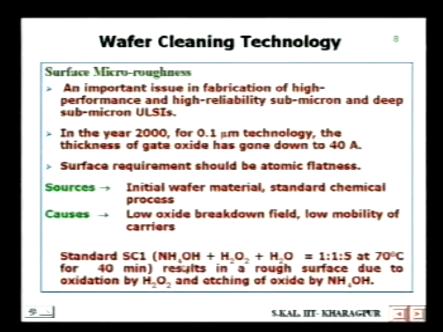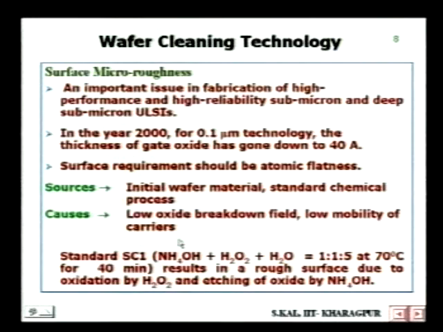Here the RCA clean also produces some micro roughness. Standard clean SC1, which is NH4OH, H2O2 and H2O, 1:1:5 at 70 degrees centigrade for 40 minutes, results in a rough surface due to the oxidation by H2O2 and etching of the oxide by NH4OH.